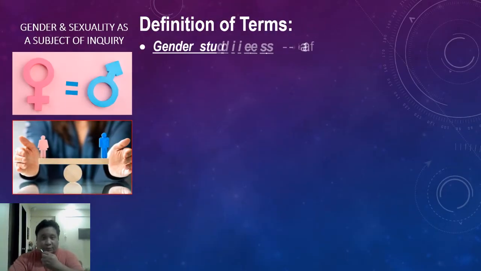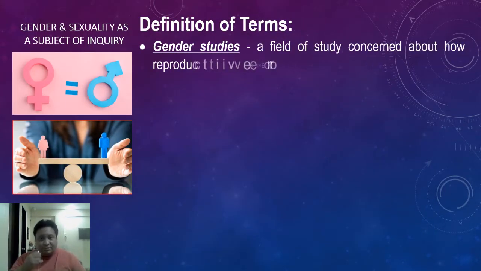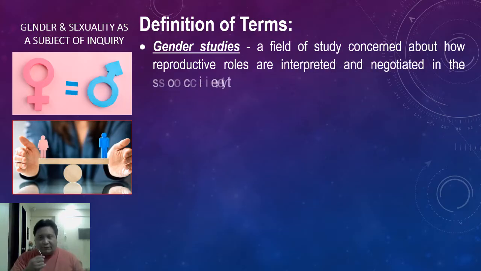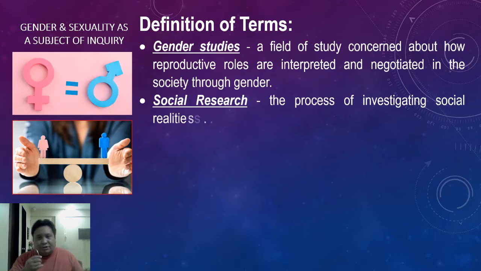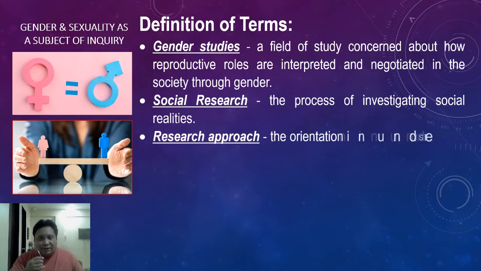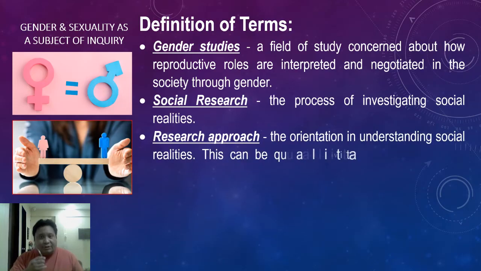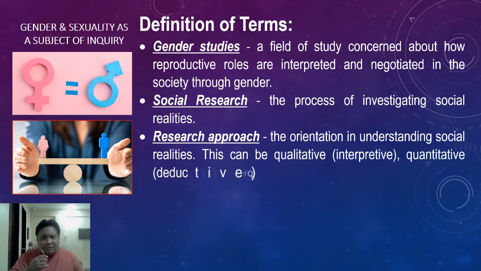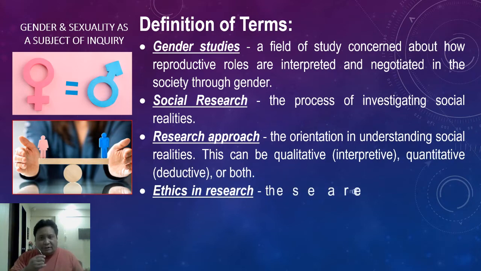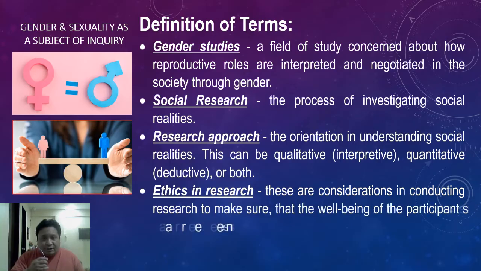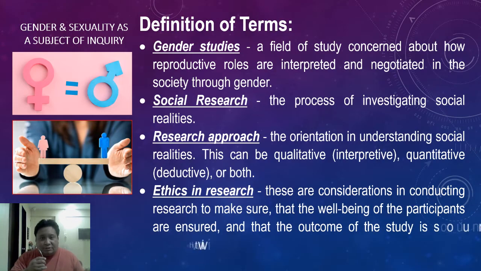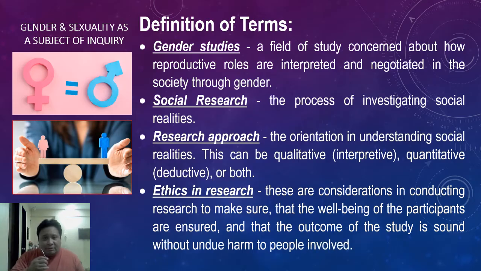For the operational definition of terms, gender study is a field of study concerned with how reproductive roles are interpreted and negotiated in society through gender. Social research is the process of investigating social realities. Research approach is the orientation in understanding social realities, so it could be qualitative, quantitative, or both.